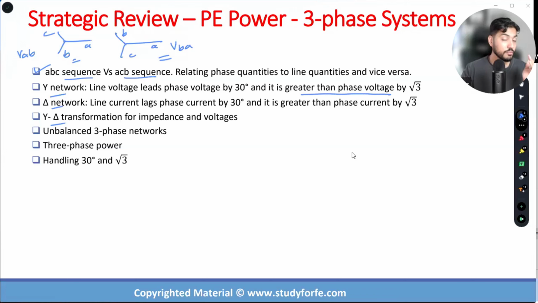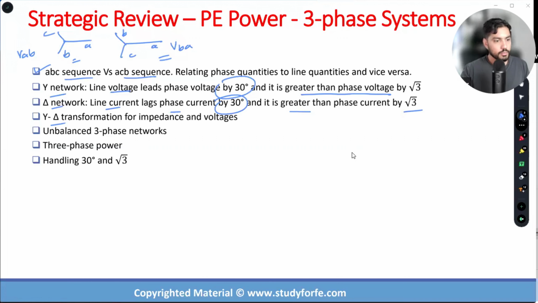That is true for the Y network. What they don't mention right up front over there is the relationship in terms of the phase angle. So the line voltage in a Y network leads the phase voltage by 30 degrees. As far as the delta network is concerned, the line current lags the phase current by 30 degrees. This is missing, but at least they tell you that the line current is greater than the phase current by square root 3, and the line voltage is equal to the phase voltage.